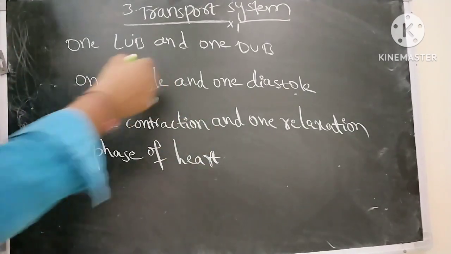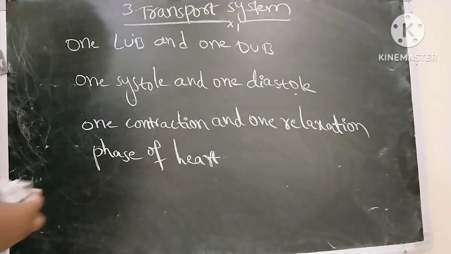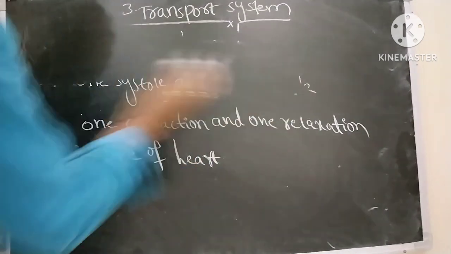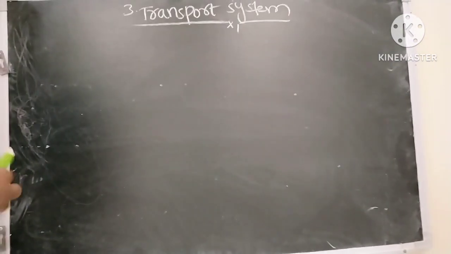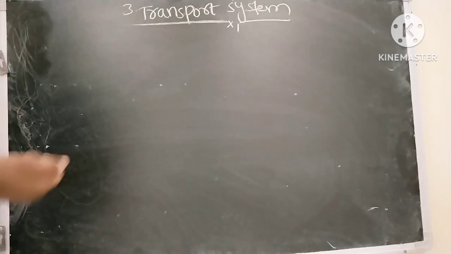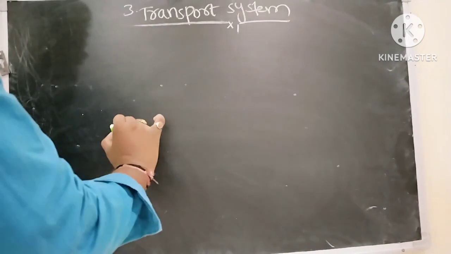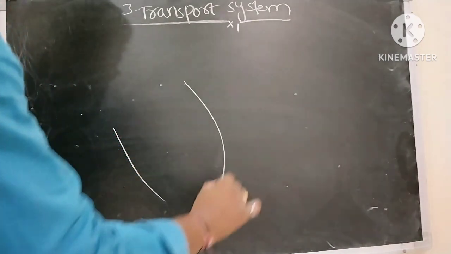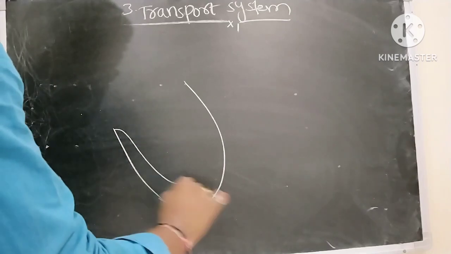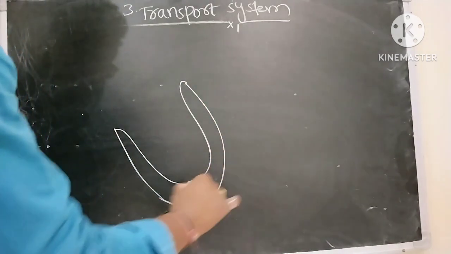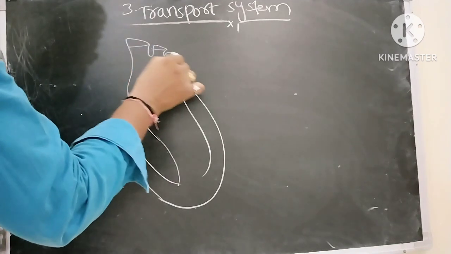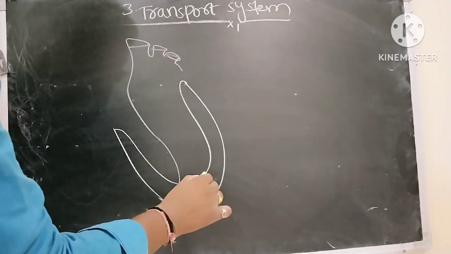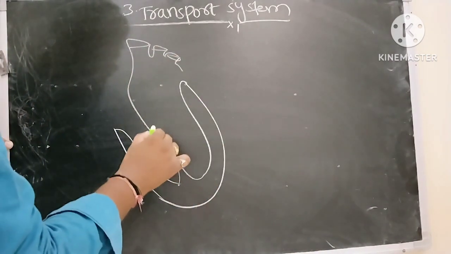So like this, various definitions are there for heartbeat. So how does the heartbeat occur? As we already know, the heart consists of 4 chambers.